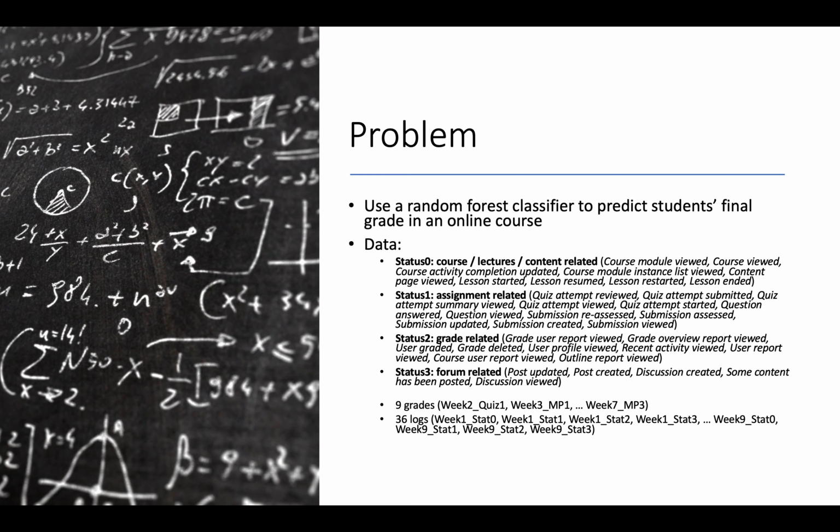Status 1 is assignment related: quiz attempt reviewed, quiz attempt submitted, submission reassessed, submission assessed, submission updated, submission created, all things assignment related. Status 2 is grade related, for example if a user checked their grade or did something with the grade. And the final one is the forum related activities.